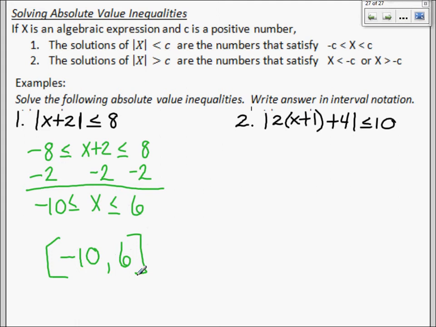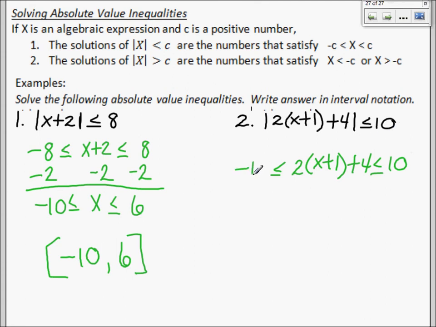With number 2, the first thing you want to do is write in the center what was in the absolute value brackets. So we have 2 times the quantity x plus 1, plus 4. Now let's sandwich it in with our inequality symbols on either side of that. On the right, let's leave our positive 10 because that was right here.